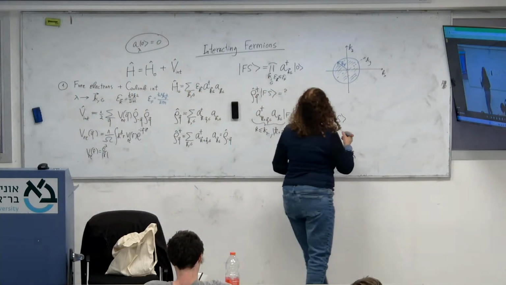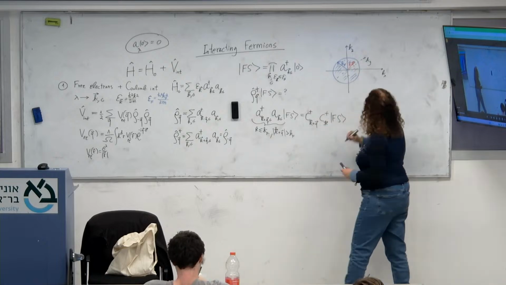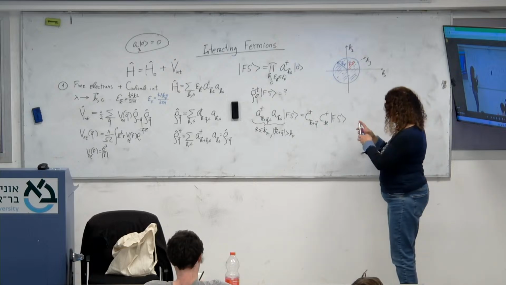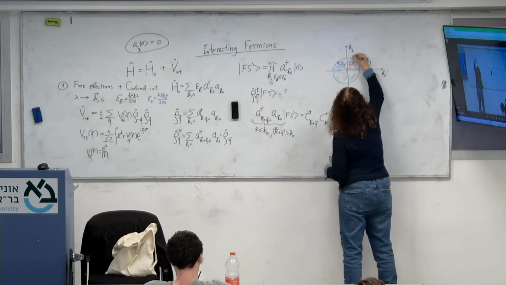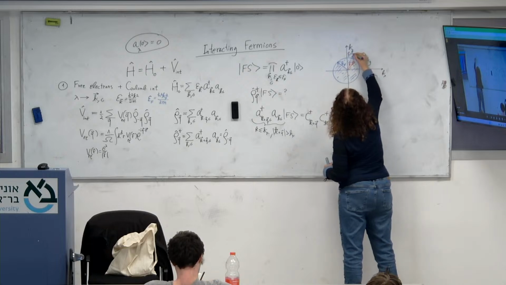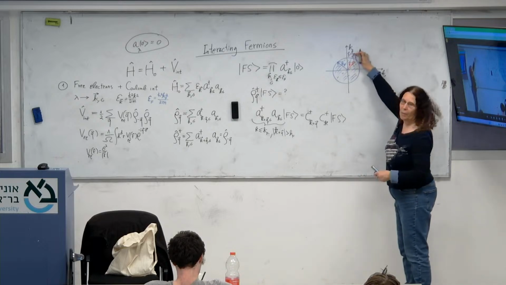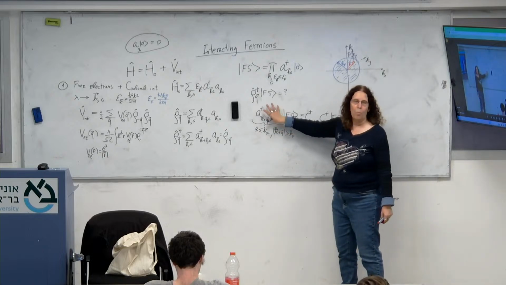So I'm creating a hole at some K inside the ball, and let me define this vector as Q. Okay, so the vector K plus Q is outside, and I'm creating a particle outside of the Fermi sphere.